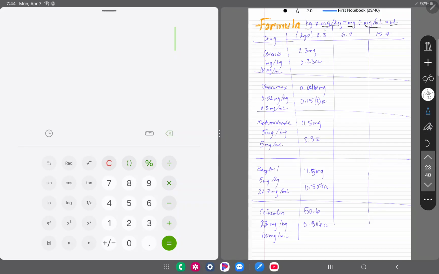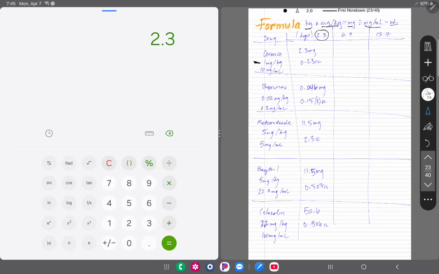So if we look at this example, we have a dog or a cat, 2.3 kilograms. If we take our kgs, 2.3 kilograms, times the mg per kg, or what your formulary tells you the dose is, and for Sereni it's 1, 2.3 times 1 is 2.3.